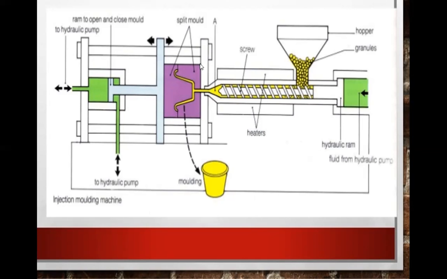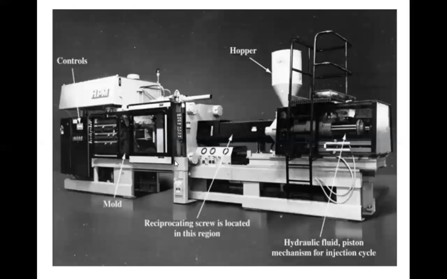So this is about the injection molding machine. Next, in the industries, this injection molding machine will be like this. Here, this is a hopper, here is the hydraulic fluid piston machine for the injection cycle, and the reciprocating spool is located in this region.